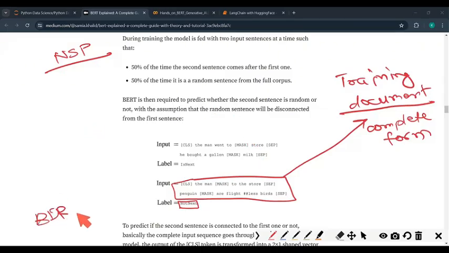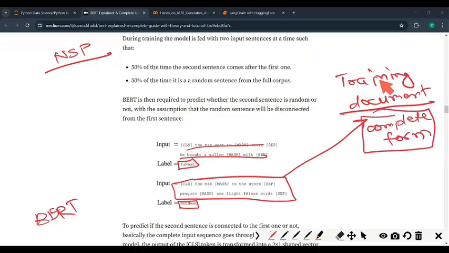BERT has to think: does this look like two continuous statements or not? So it will predict something. Yes, the second statement is the next of the first. Then how does it know it has predicted correctly? Because the correct answer is there in the training document.